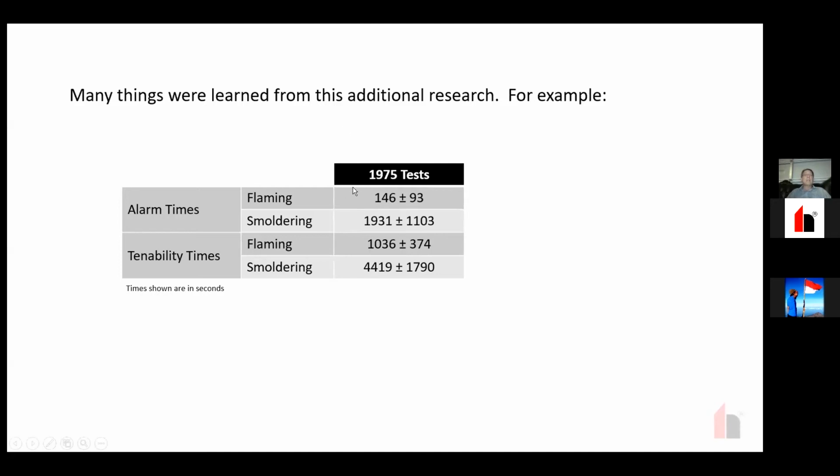So what that means is when the detector went into alarm at about 2.5 minutes, they had approximately 15 minutes before the room would become so bad that they couldn't get out. They would be trapped in there, probably overcome by the smoke and the fire, and probably would die. So they had 15 minutes to figure out what was going on, get their family together, get out of the house, the structure, and preserve themselves in that way.